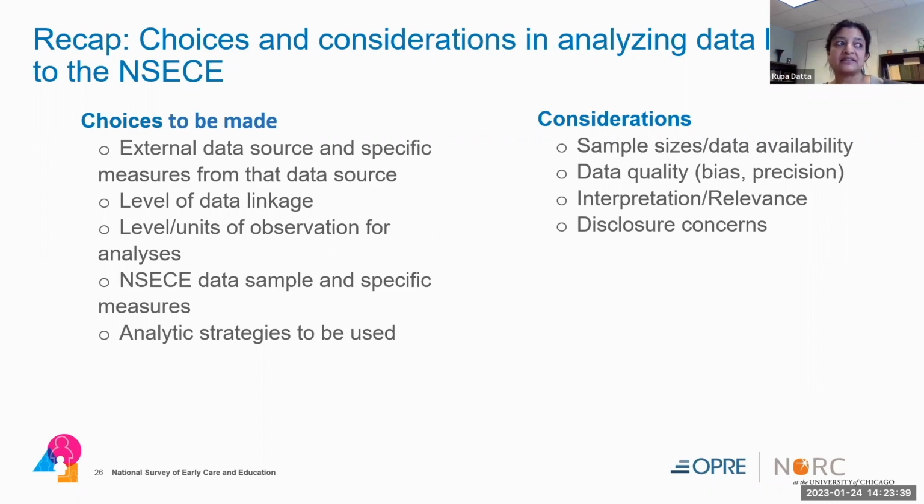I want to emphasize from Jiyoon's points just now that we've had close to 300 researchers at this point use level 2 data. So we have a good amount of experience. I don't know that we've ever had to turn someone away because they couldn't figure out a way to abide by the disclosure guidelines.